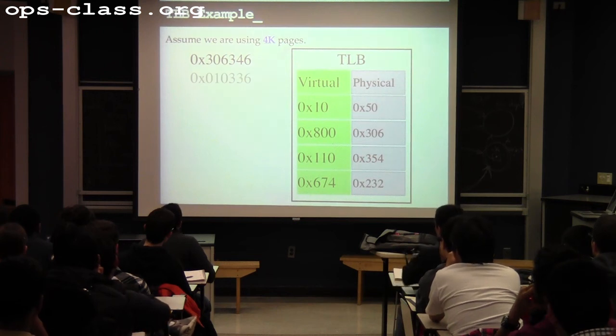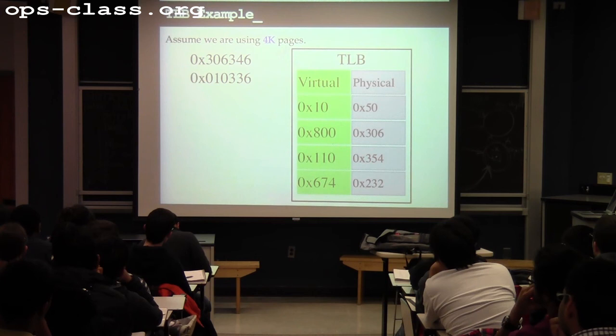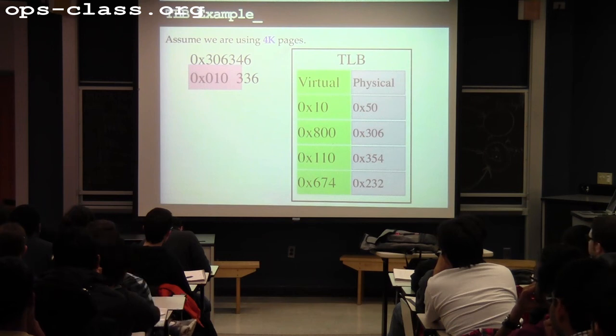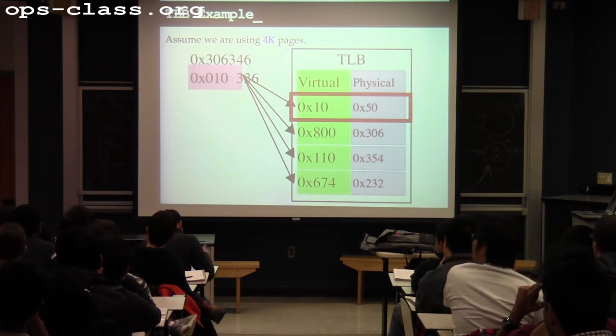So that was nice. What about this one? What is the virtual page number? It's 10. Do I have a mapping for this in the TLB? Yes, I do. It's 10. I know, I didn't put a 0 there. That threw you guys off, really? The missing 0?